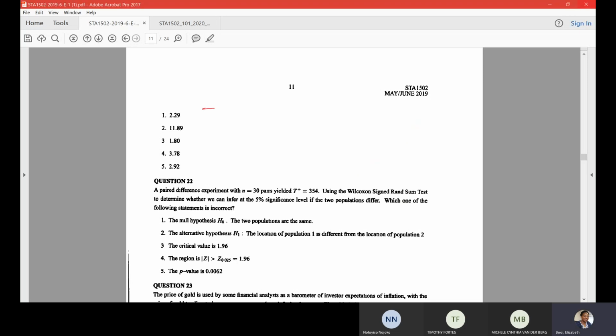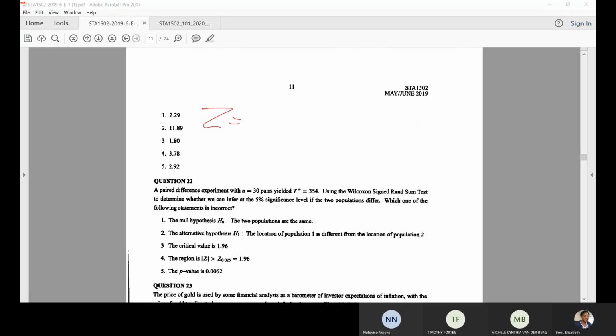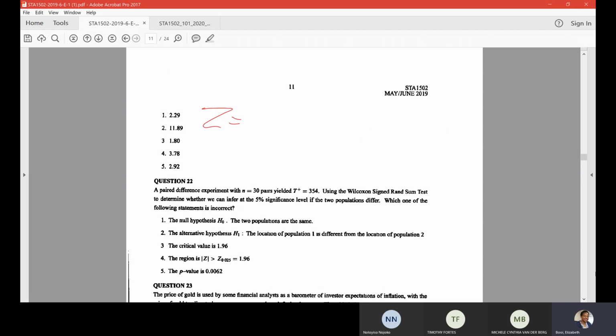So here you will use the Z stat, which is given by T minus the expected value divided by the standard deviation, still the same. Where your expected value for this one will be different.